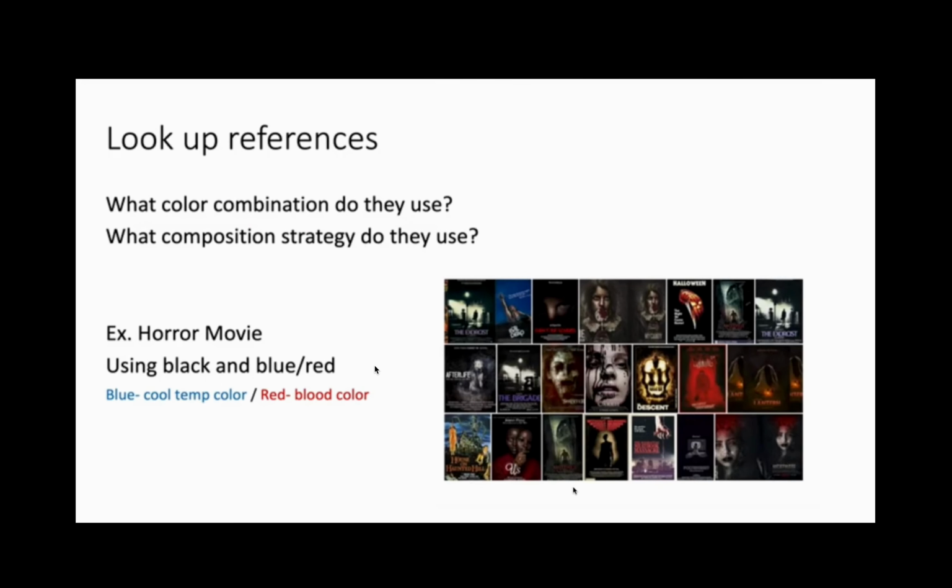Then the next step is we want to look up references. So, for example, if we're using this horror movie that we just talked about, you would do a Google image search and search up horror movie posters, right? And it'll give you a pretty good idea of several that may have been used in the past.